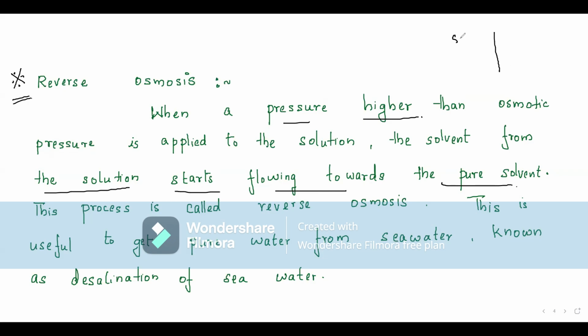Suppose you have taken pure solvent on one side and solution on the other side. Due to reverse osmosis, solvent can flow from the solution to the pure solvent side. This is called reverse osmosis. Reverse osmosis is used in water filters. This is useful to get pure water from seawater, which is called desalination of seawater. Reverse osmosis is a very regular question in the board examination.